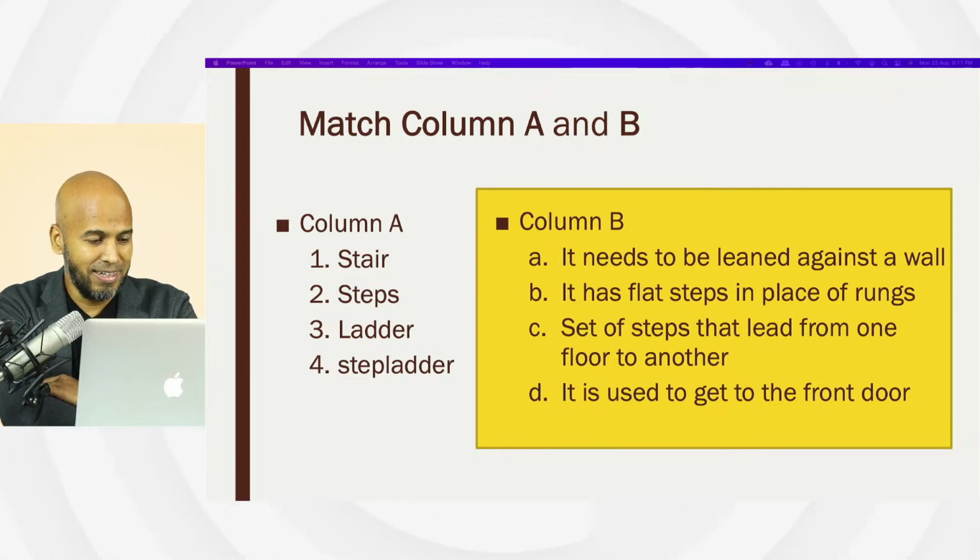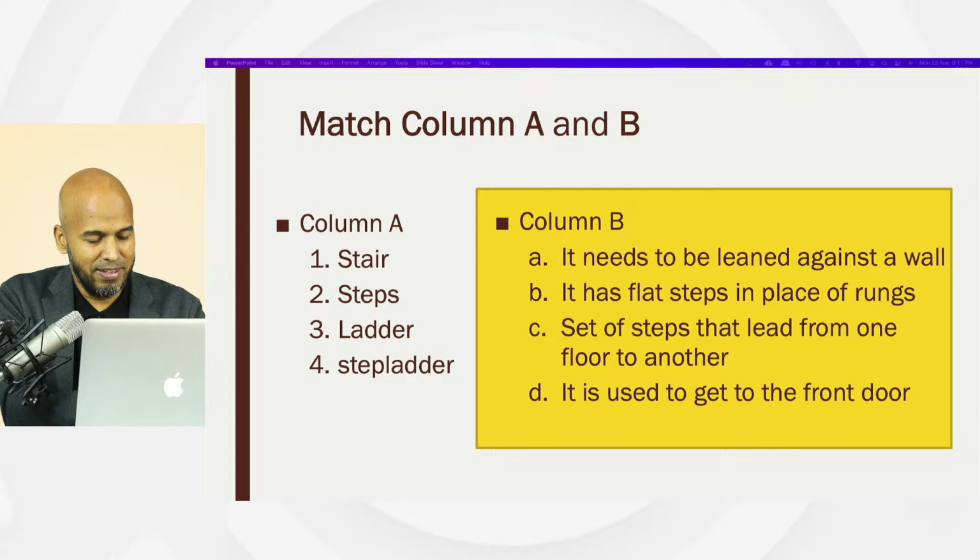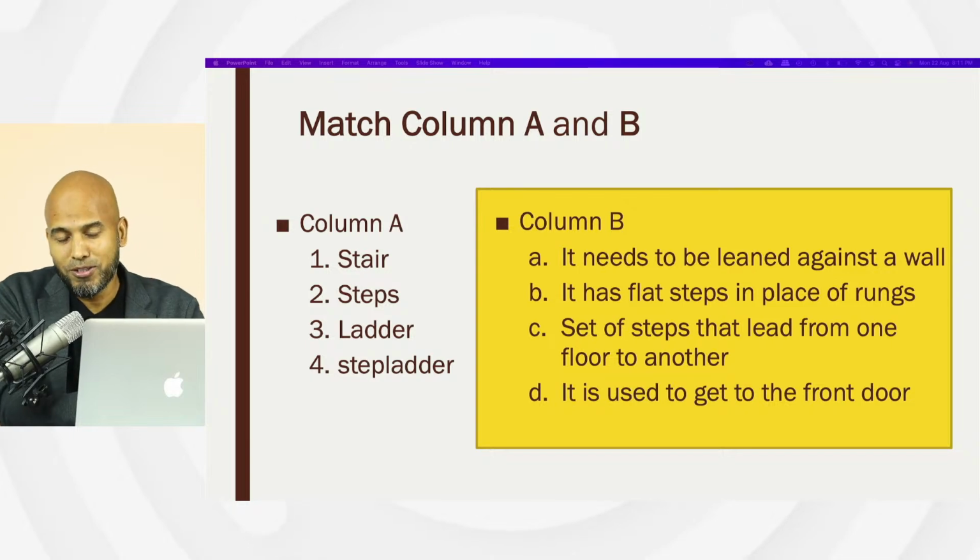I guess you understand what it is. Yeah, Anwar Bhai, that is number C. One floor to another. Set of steps that lead from one floor to another. Stair. Awesome. Congratulations to you, Anwar Bhai.